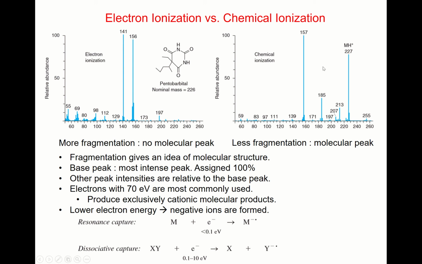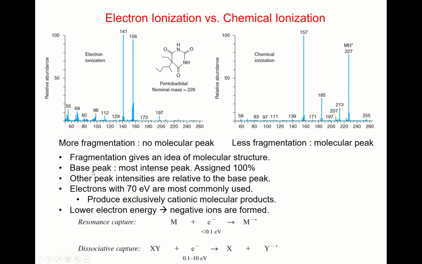With chemical ionization, it is easy to know the molecular mass, but it is very difficult to infer the molecular structure. But by examining the fragmentation pattern from electron ionization, you may infer the molecular structure if you are well trained.